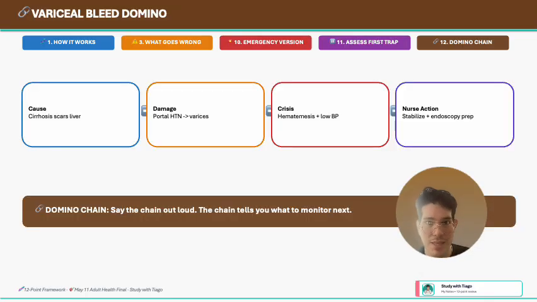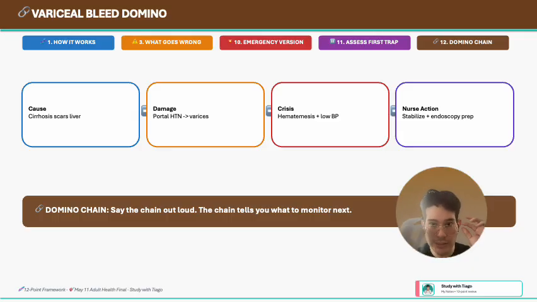Now, I want the variceal bleed chain out loud, so let's do it together. Cirrhosis scars the liver. Scar tissue increases resistance to portal blood flow. Portal pressure rises. Blood backs into the fragile veins in the esophagus or stomach.